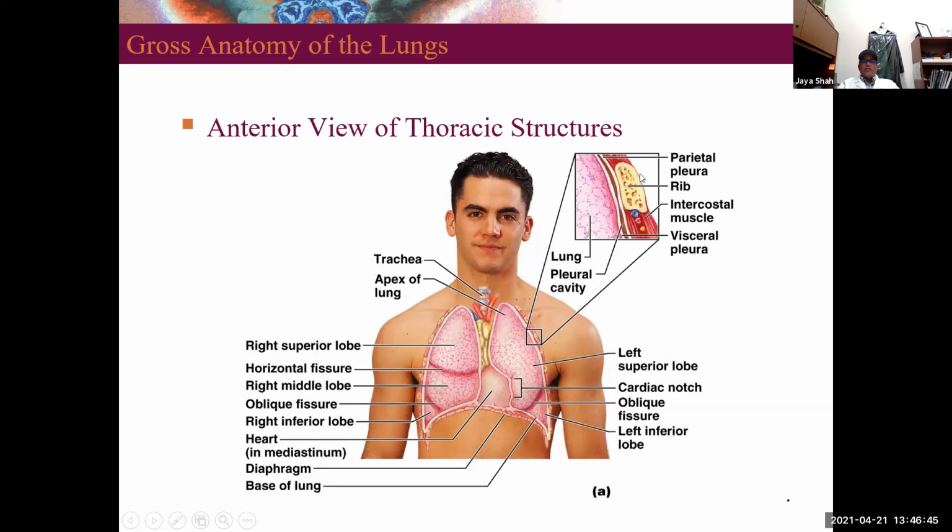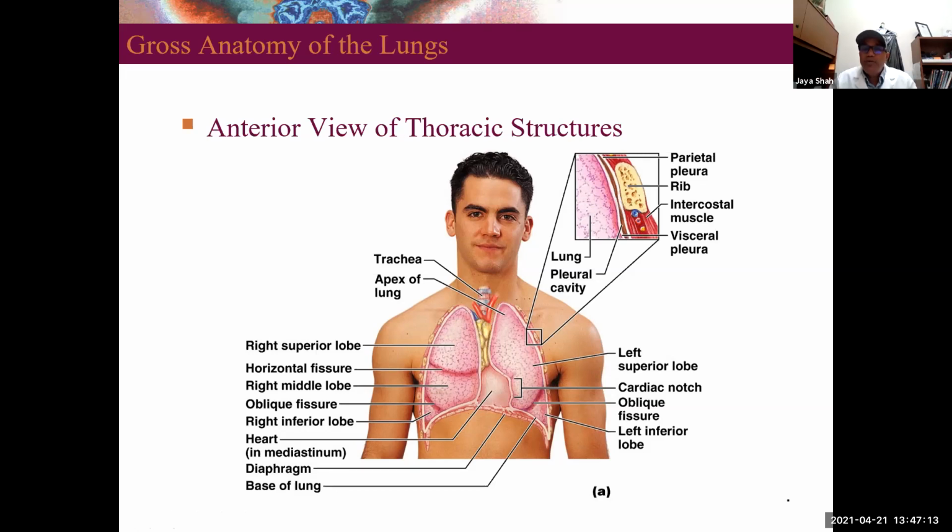And under each rib, the first rib here, second rib here, third rib here, in the intercostal muscles around the thoracic cavity, you have artery, vein, and nerve. We call it VAN, from superior to inferior: vein, artery, and nerve.